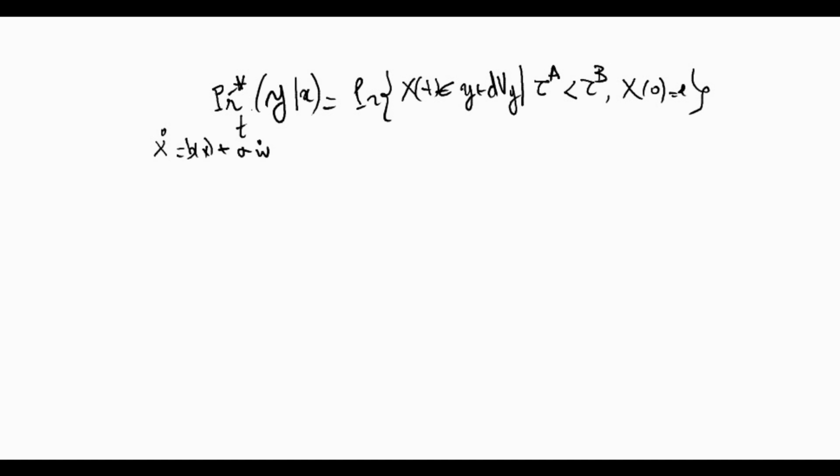So for this, let me remind you what Bayes' law is telling us. This is the probability that x of t is in the volume located around y, and tau A is less than tau B, and x of 0 equals x.